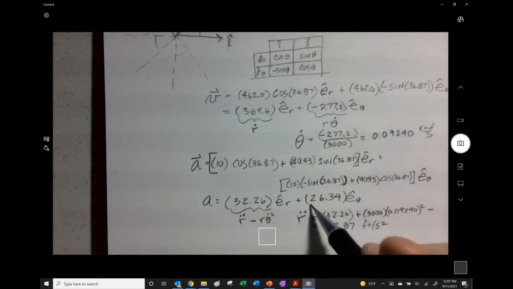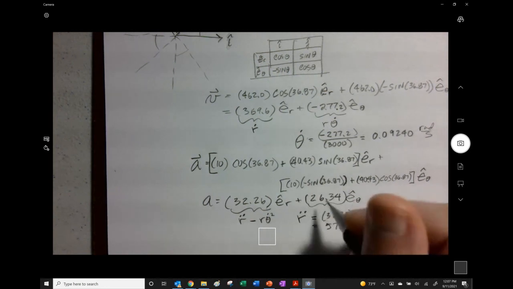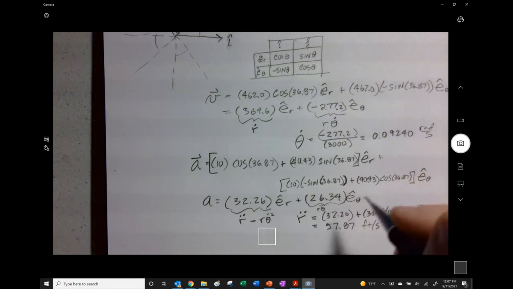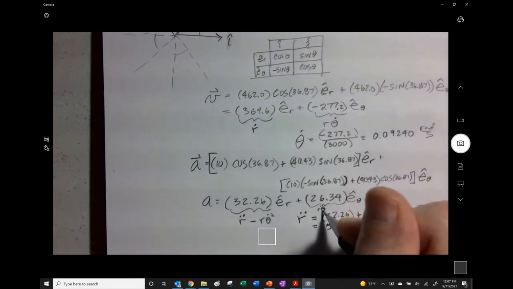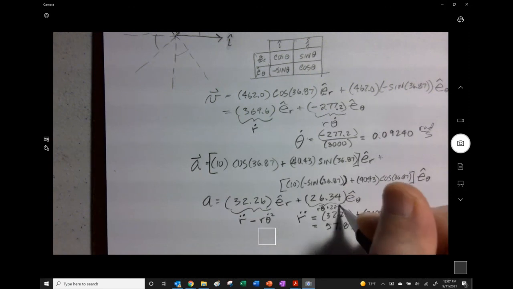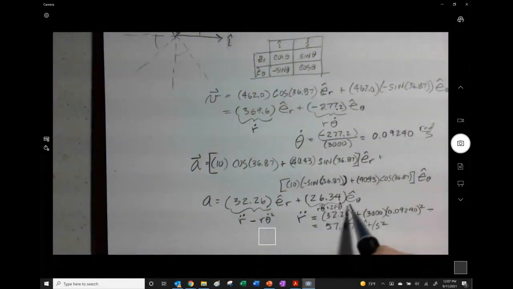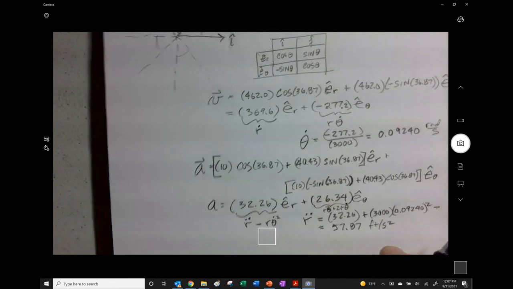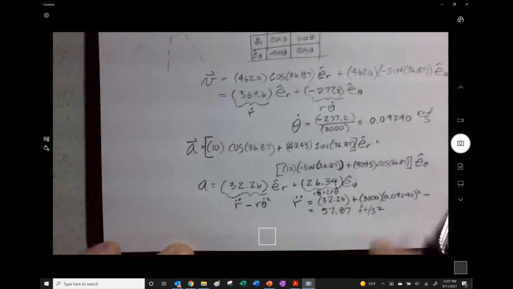And then the last one I need to do is this guy right here. And I know he's going to be r times theta double dot. I can't write the thing in there, right? I didn't leave myself enough room. Plus 2 r dot theta dot. And we think of this as the Coriolis acceleration, which is related to merry-go-rounds.